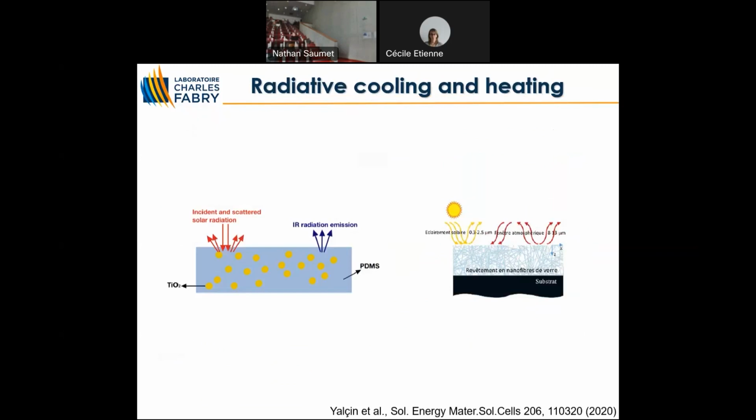And in order to make sure that you reflect the visible, you can use white paint, so this is titanium oxide particles. Another option is to use glass fibers, which will emit in the infrared and will scatter. They are essentially white, so they will reflect the visible very efficiently.